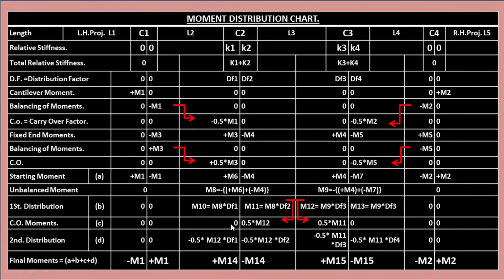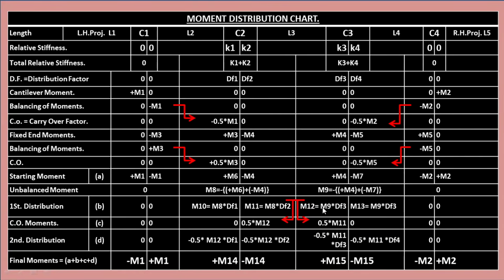Now, first distribution. M10 is equal to M8 into dF1, and this is M11 is equal to M8 into dF2.